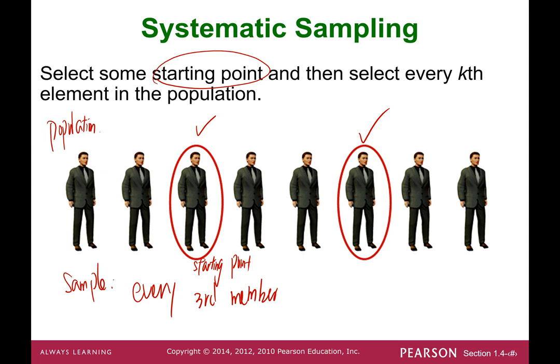This becomes our sample. This is what we call the systematic sampling method. You can pick every kth member in the entire population. If you have a fairly large population, you can pick every 10th, 20th, maybe every 1,000th member, depending on the population size.